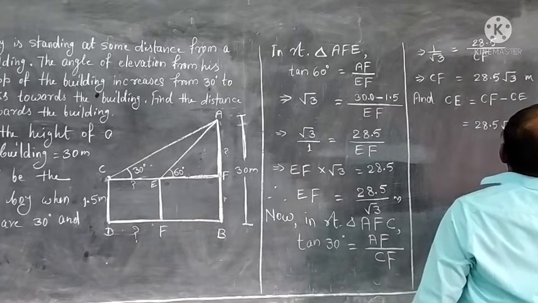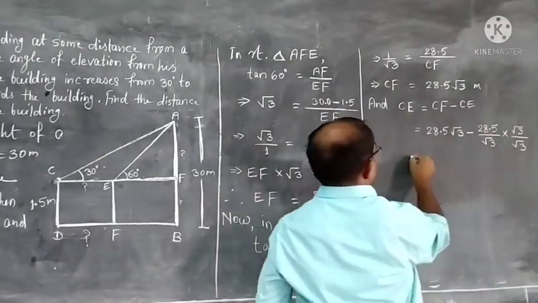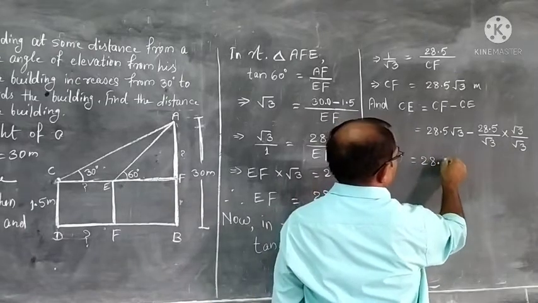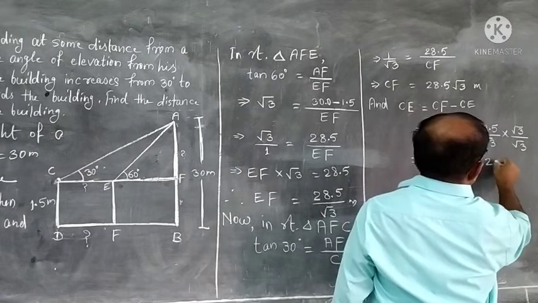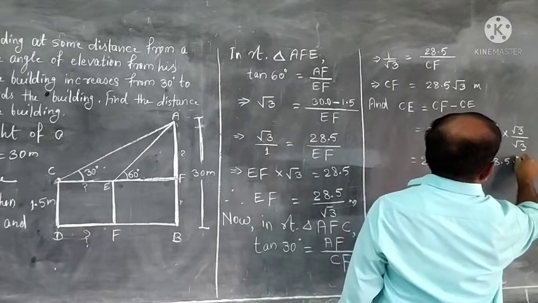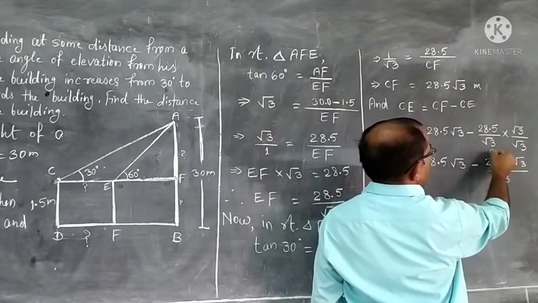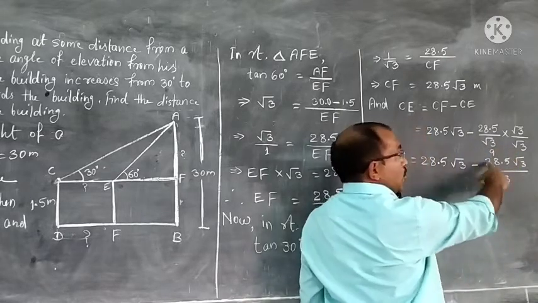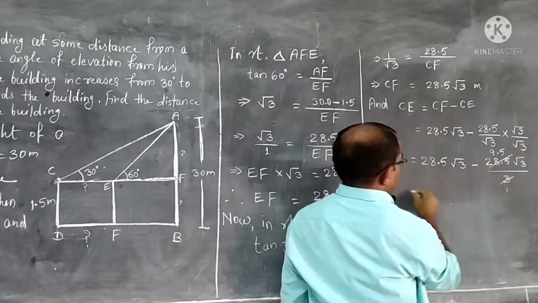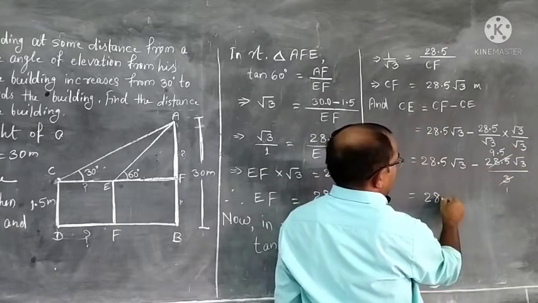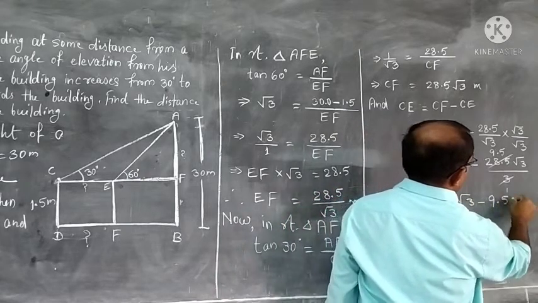We could do this rationalization here also at this step, but we waited for last. What we get accordingly we calculate. Minus, we will get 28.5 root 3 by 3. By 3 it is possible to cut. 3 9s are 27, 1 came here, 3 5s are 15, 3 gone. 28.5 root 3 minus 9.5 root 3.